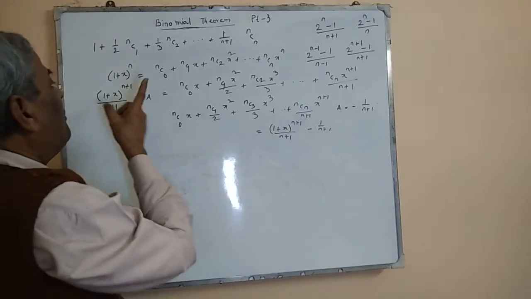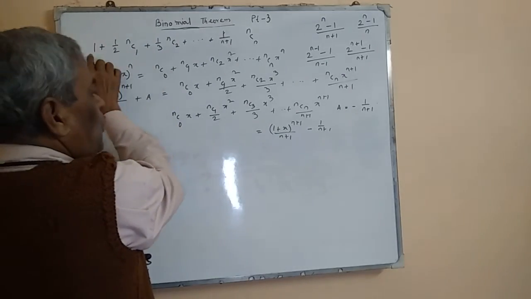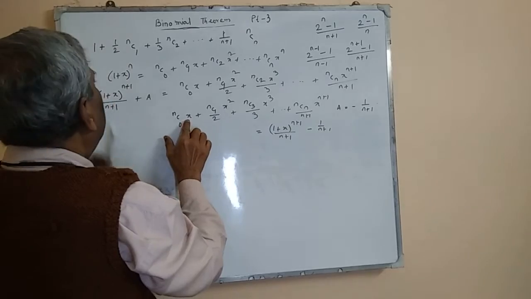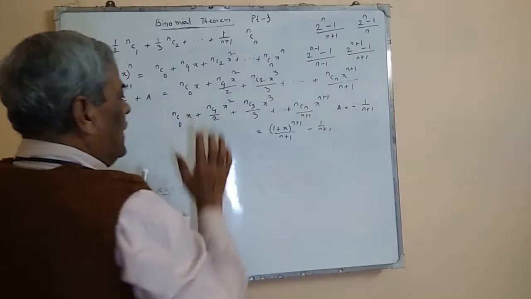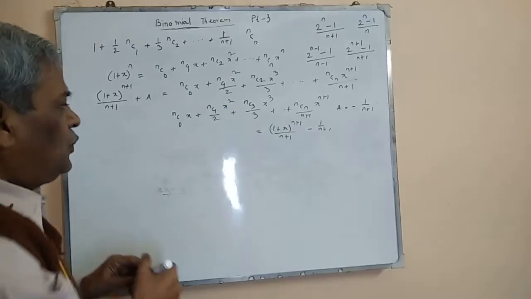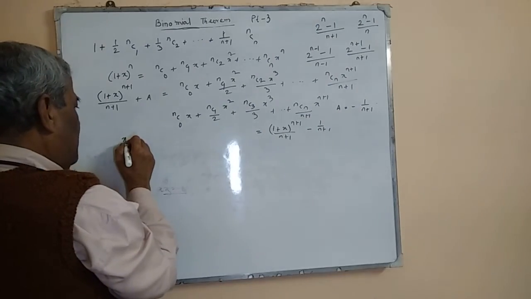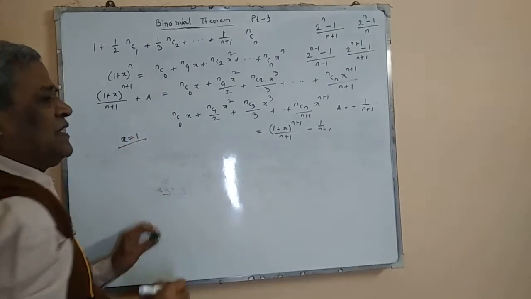Now we have to find the value of nC0 plus nC1 by 2 and so on. So actually if we put x is equal to 1 on both sides, then the result is expected.